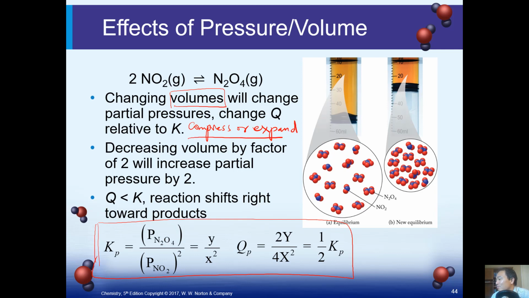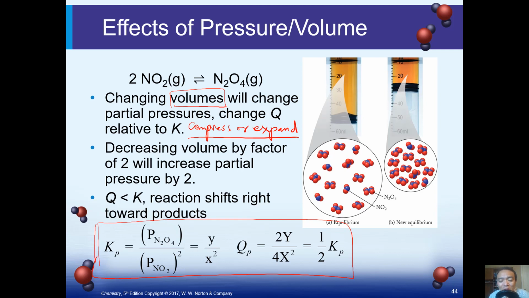So if you change the volume, in other words, you can compress the container or expand the container. If you expand the container, the reaction is going to shift to the side that has more gas moles. What do you mean? Because if you expand it, it becomes more diluted, so the pressure actually decreases. Le Châtelier's principle tells you, you've got to increase pressure.